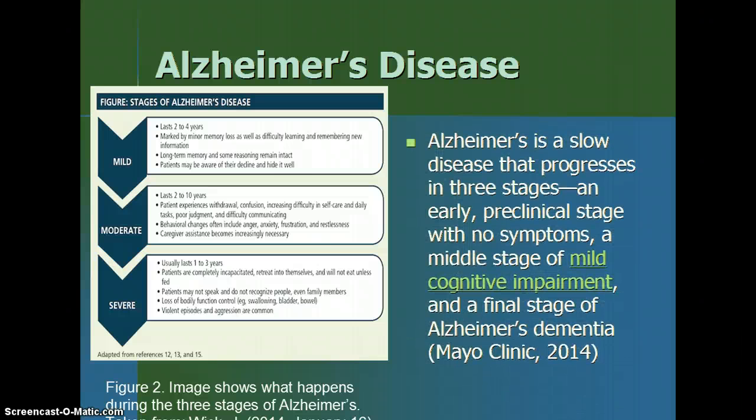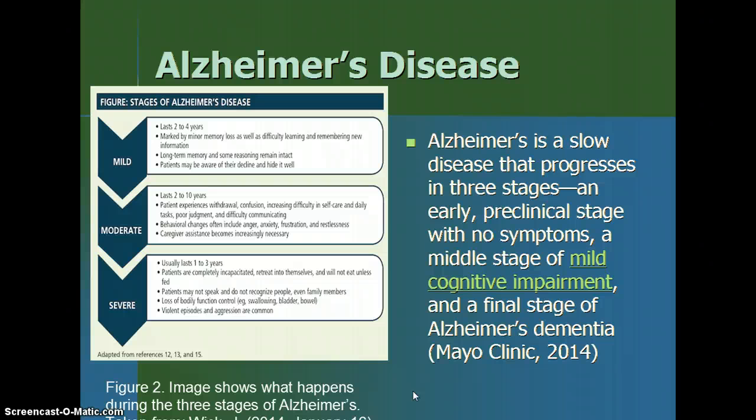Alzheimer's is a slow disease that progresses in 3 stages. An early preclinical stage with no symptoms, a middle stage of mild cognitive impairment, and a final stage of Alzheimer's dementia. In the figure, it shows the 3 stages from mild, moderate, and to severe.